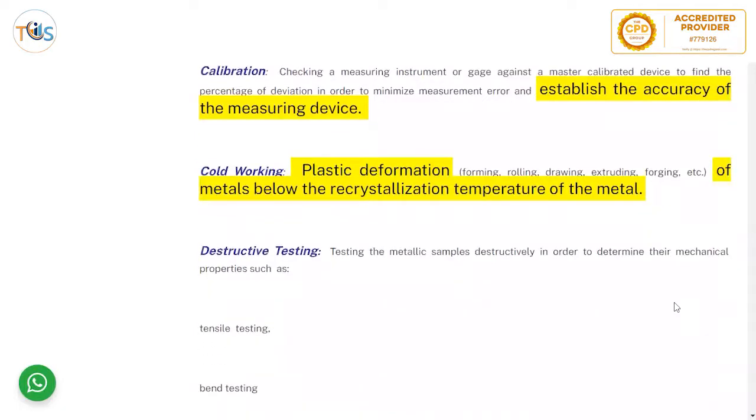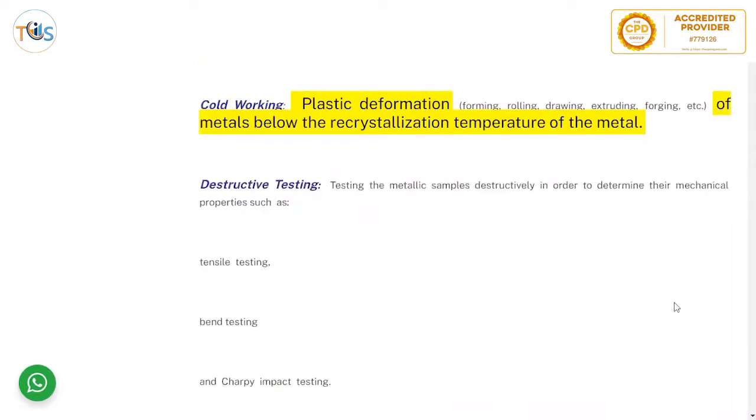Calibration: checking a measuring instrument or gauge against the master calibrated device to find the percentage of deviation in order to minimize measurement error and establish the degree of accuracy of the measuring device.